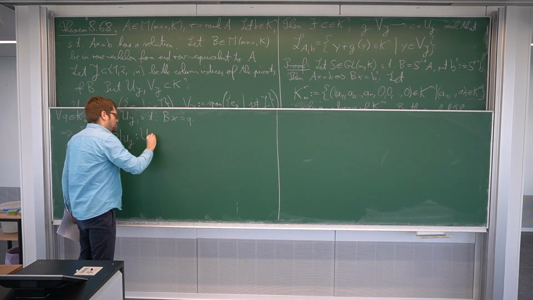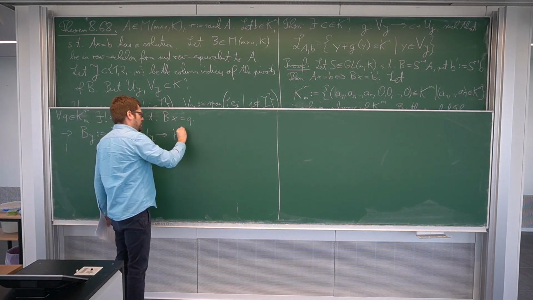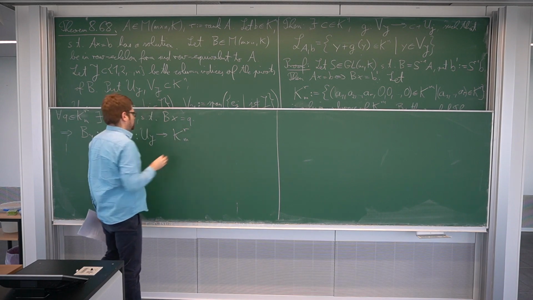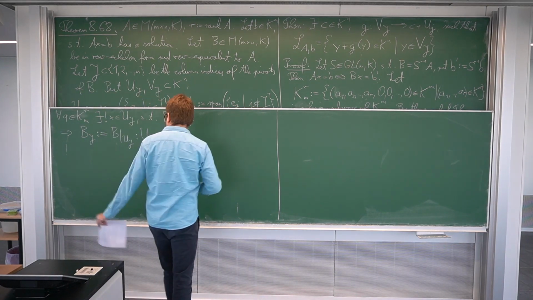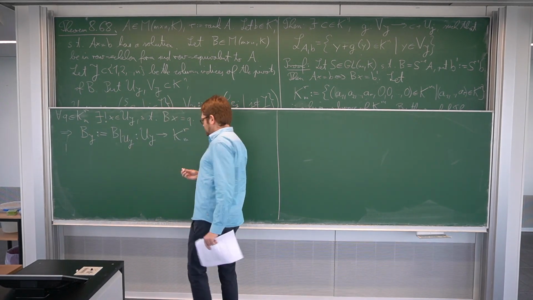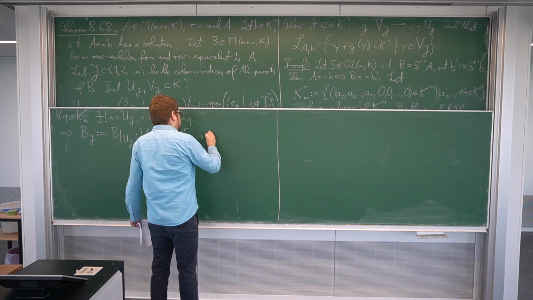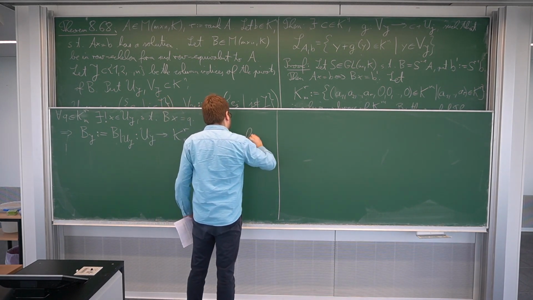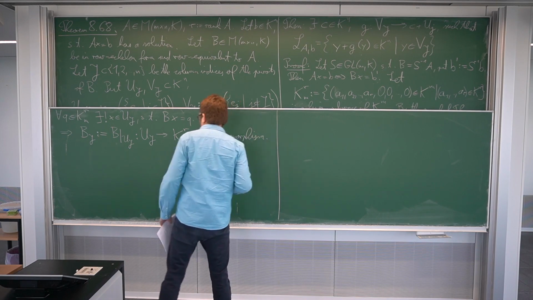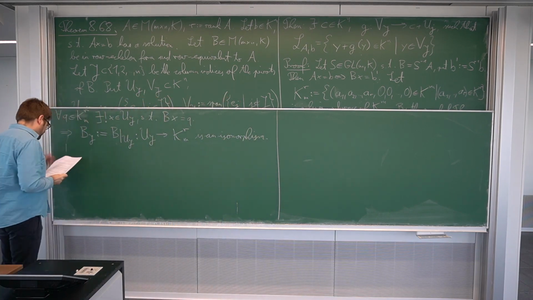So we go from Uj to Krm. This map, considered like this, is bijective, and since B is linear, the restriction is linear as well. So this is indeed an isomorphism. Right? So this is what we have.